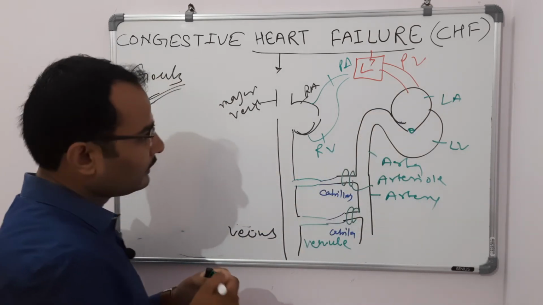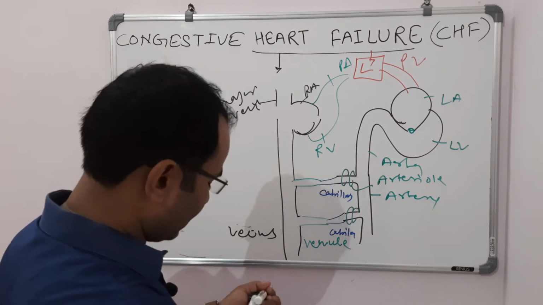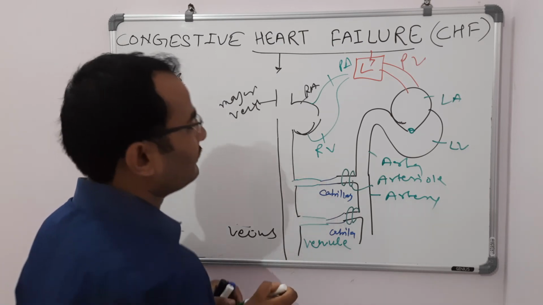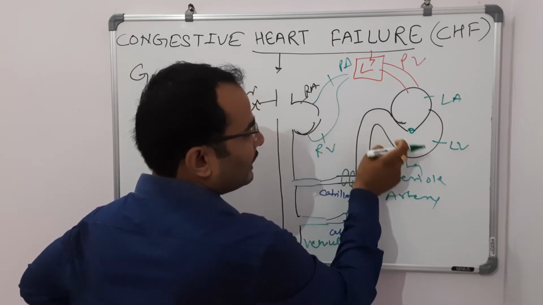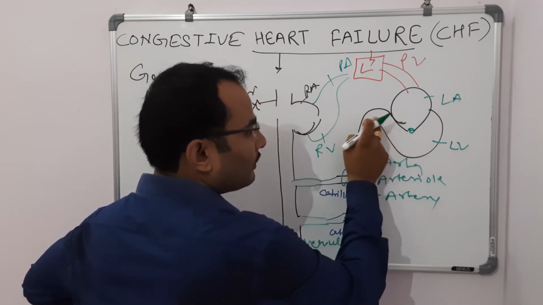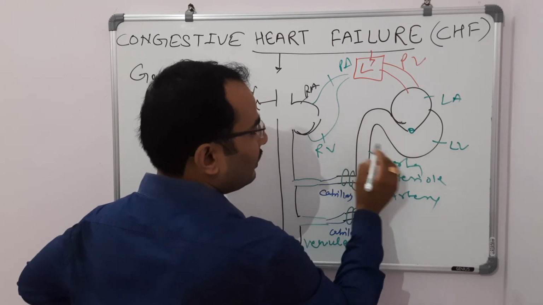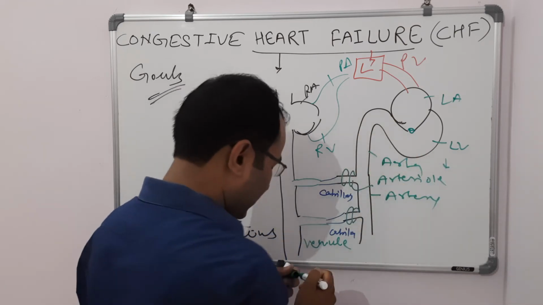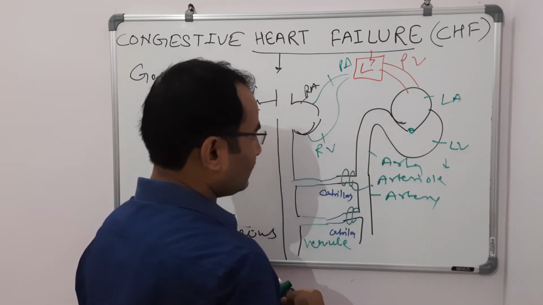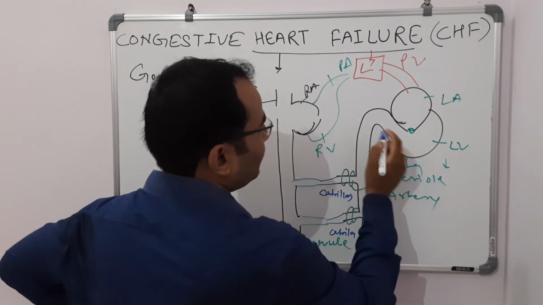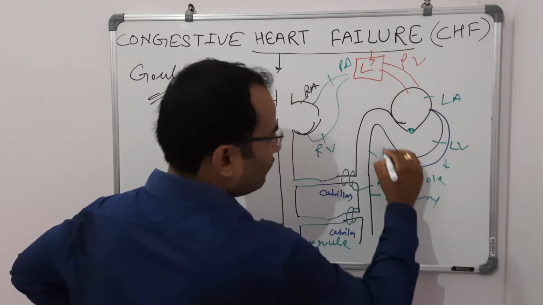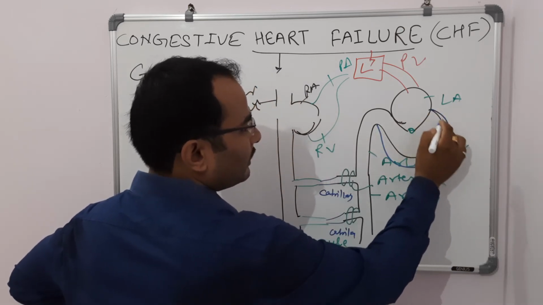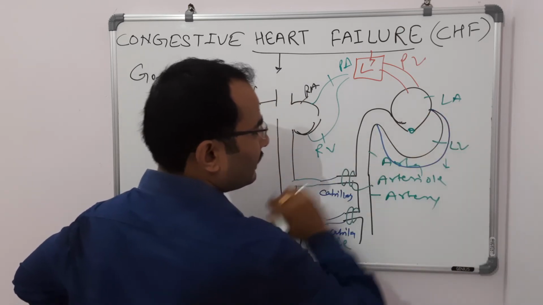Now actually the problem is here in congestive heart failure, because the coming blood cardiac output is getting low. Cardiac output is actually the problem of CHF. Here I am representing, this is a muscle of left ventricle.